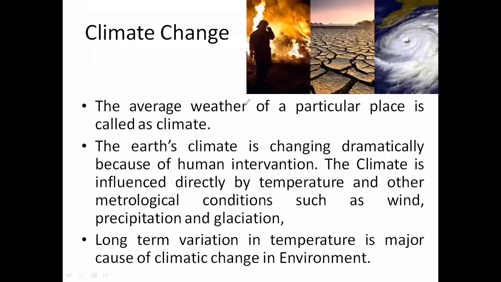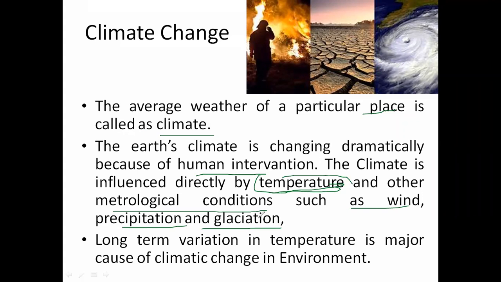The average weather of a particular place is called climate. It will be changing because of human interaction and is influenced by temperature. This is the main parameter, temperature, along with other meteorological conditions such as wind, precipitation, and glaciation. So wind and these are other parameters.